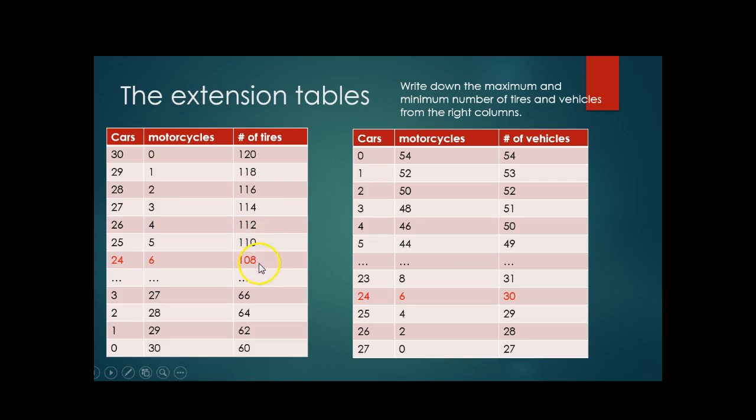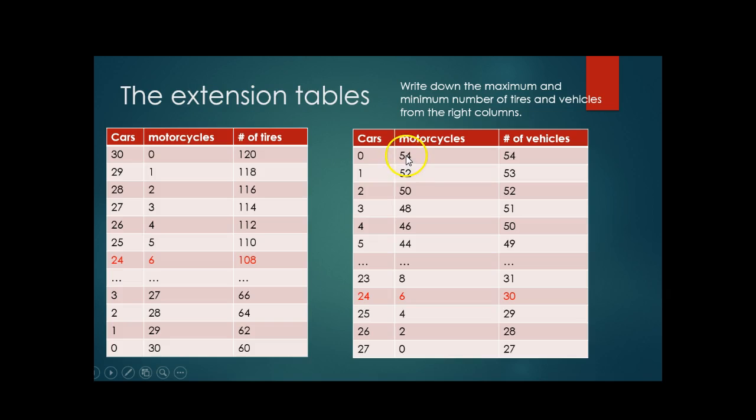And we go down the list until we get to our solution to our problem, which had 2 stipulations. The first was it needed to have 30 cars. The second was it needed to have a certain number of tires. This table represents that you need 108 tires. So 54 motorcycles means you have 54 vehicles in total, and 0 cars.